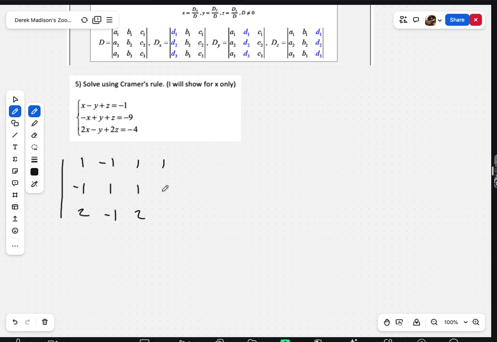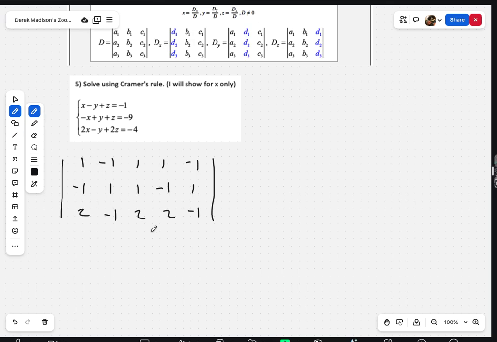And then I just copy these rows over. It's always a good idea, especially when there's a lot of ones running around, to double check my notes and make sure I have all of those signs in the right places before I go further. So 1, -1, 2, -1, 1, -1, 1, 1, 2. Okay, that one looks good.